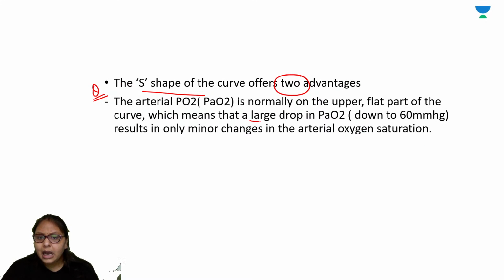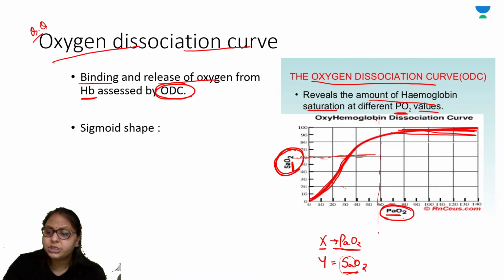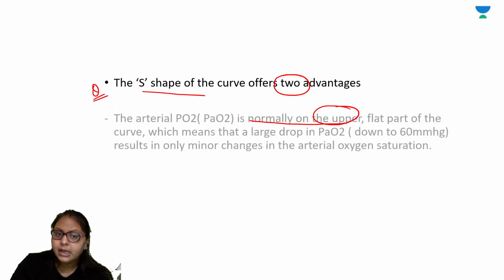Which means a large drop in the partial pressure of oxygen, up to a partial pressure of 60, there is not much drop in the saturation, there is not much drop in the bound form of oxygen with hemoglobin.